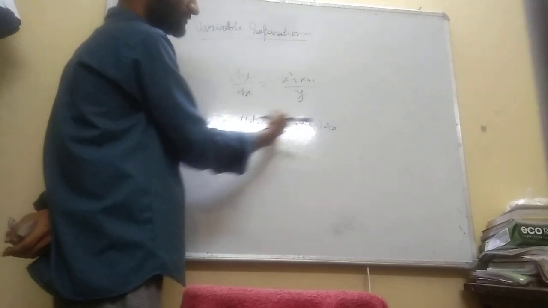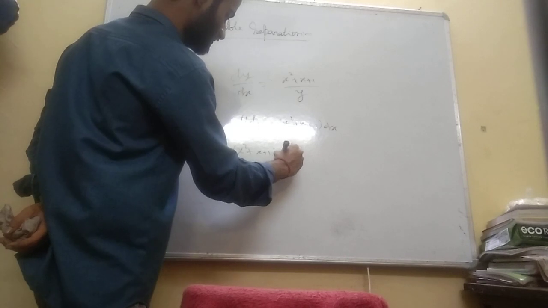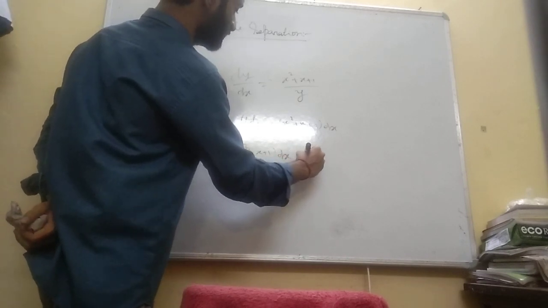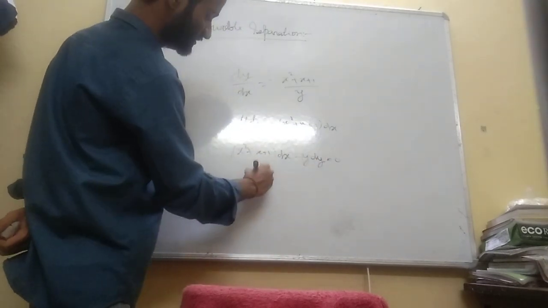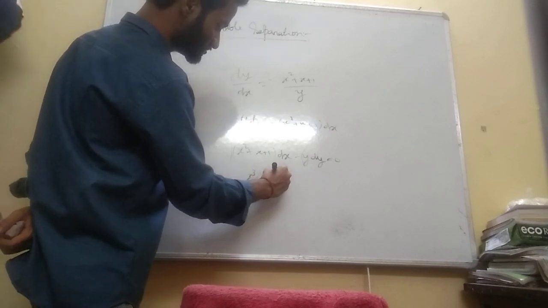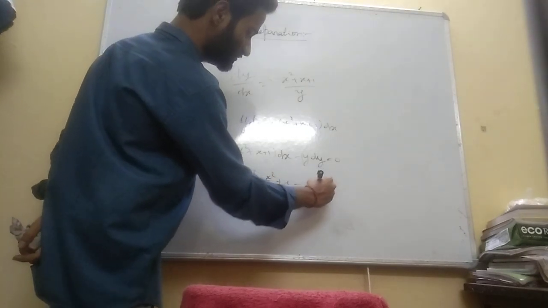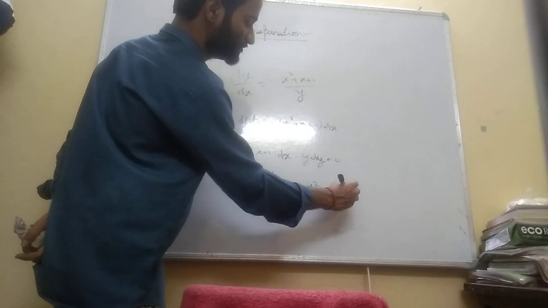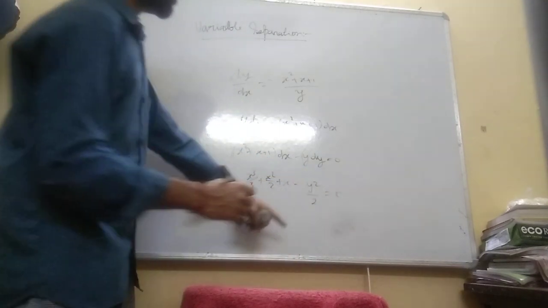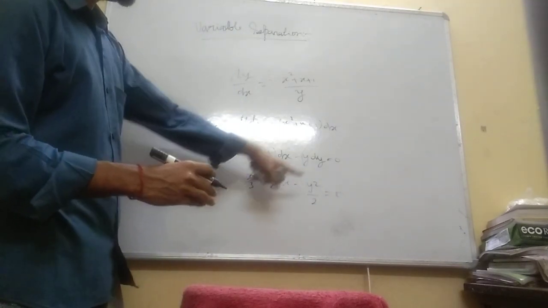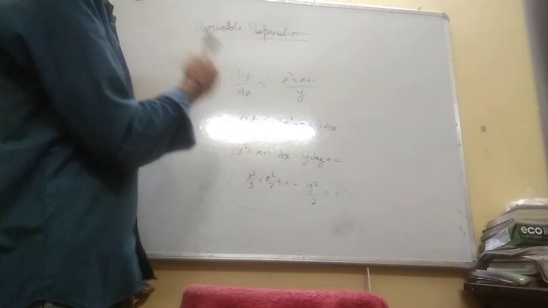You can carry this term to this side: (x square plus x plus 1) dx minus y dy is equal to 0, and you can integrate the terms, and you will get x cube by 3 plus x square by 2 plus x minus y square by 2 plus c is equal to 0, whatever you want you can put. Now you can solve this further, otherwise this can also be the answer. So in this way we have to solve.